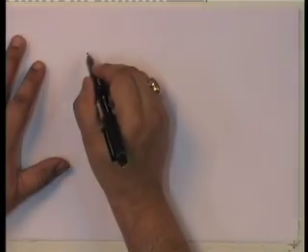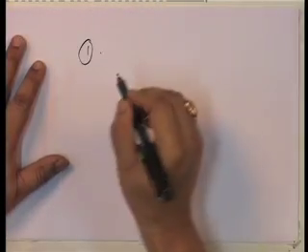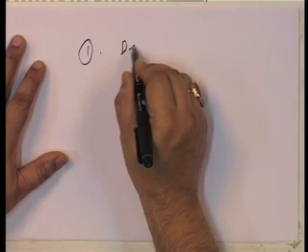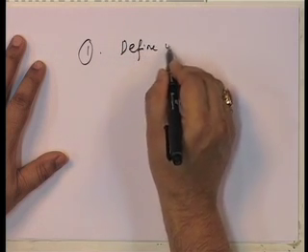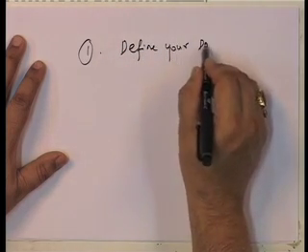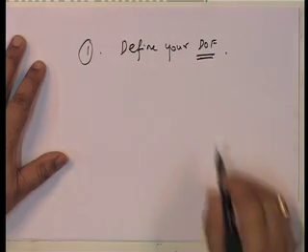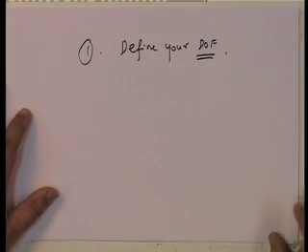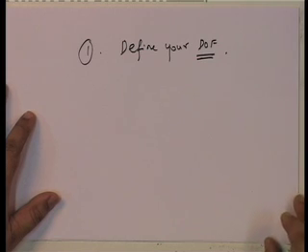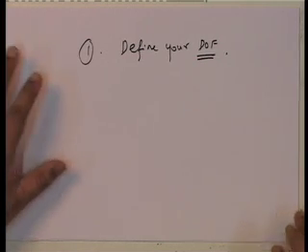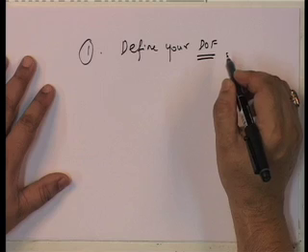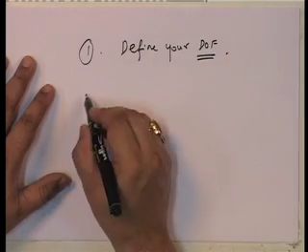Now I have shown you that given a generalized single degree of freedom problem, first, you have to define your degree of freedom. That is important, because if you do not define your degree of freedom, your entire thing is based on that.